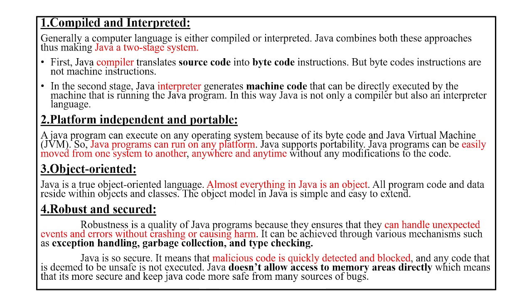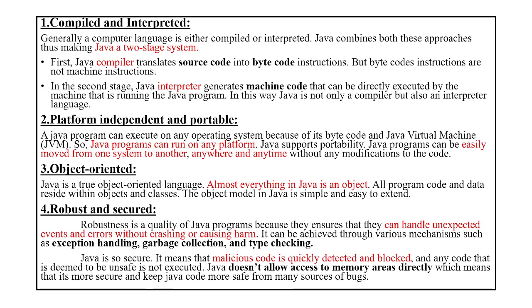And the fourth feature is robust and secure. Robustness means handling any type of errors. So Java programs ensure that they can handle unexpected events and also errors without crashing and causing harm to the system.